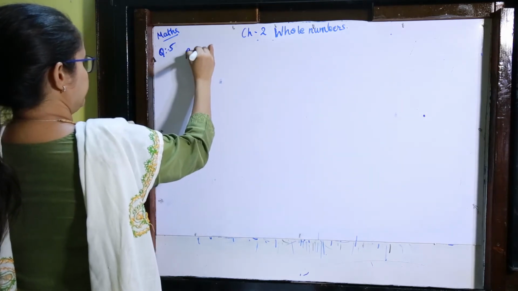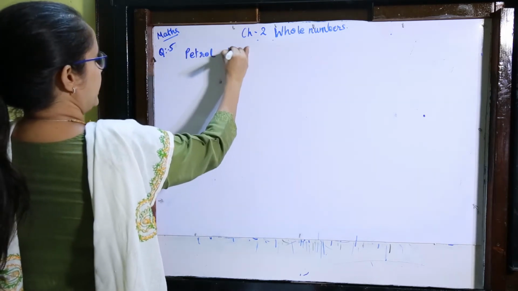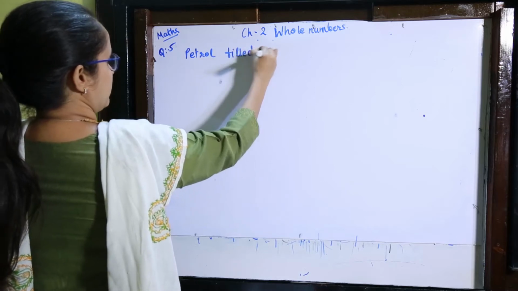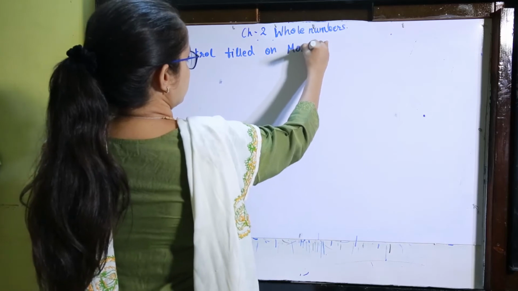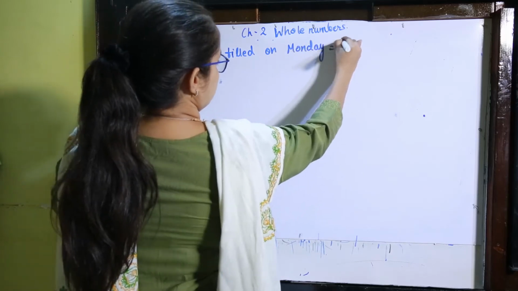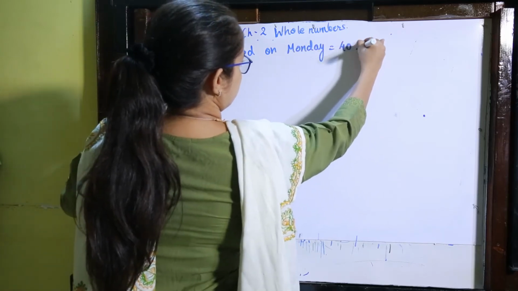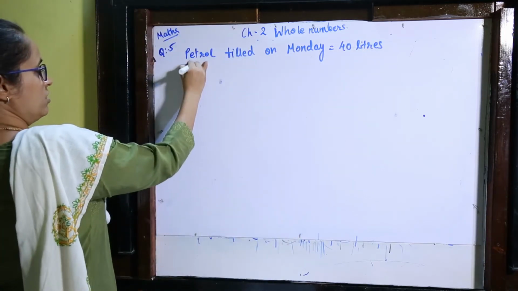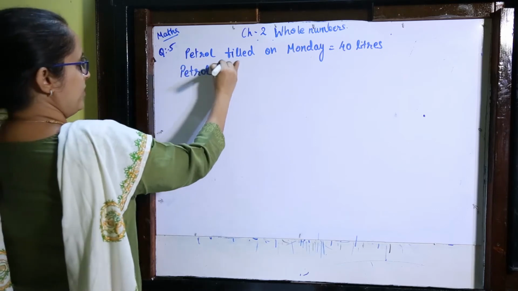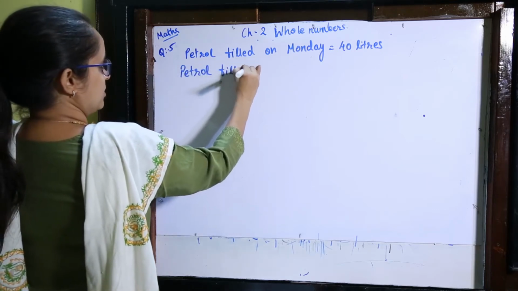Now first of all, petrol filled on Monday. How much did he fill on Monday? 40 liters. Please write along with me. And then petrol filled on Tuesday.